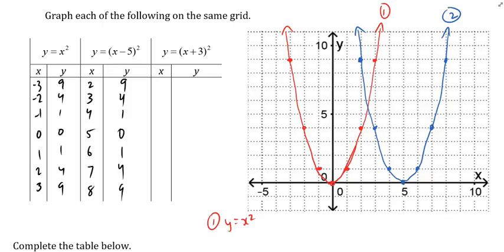You can't just use negative 3, negative 2, negative 1, 0, 1, and 2 all the time. If I tried to use that for that second one we just did, it wouldn't even look like a parabola. You wouldn't really see the shape of it at all. So it's another reason why a table of values just will not work for this. Whoops, yeah, y equals x minus 5 all squared.